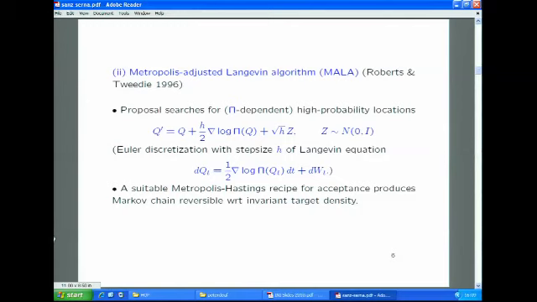So to alleviate this difficulty with the random walk algorithm, other algorithms have been suggested in the literature. And here we're interested in the so-called MALA, the Metropolis Adjusted Langevin algorithm. And here, this is the recipe for the proposal. As before, we've got a random component, so I'm here, and randomly I could jump there, or to the left, to the right, anywhere. So this is the random part. But please note that now there's a deterministic, non-random contribution to my motion.